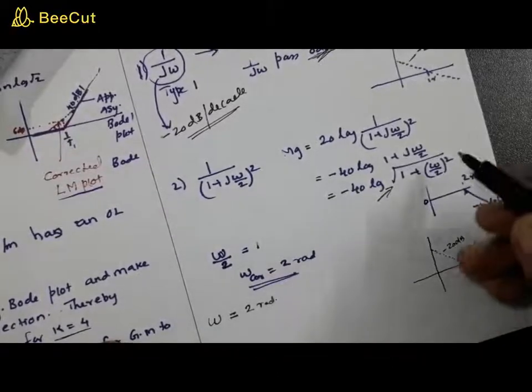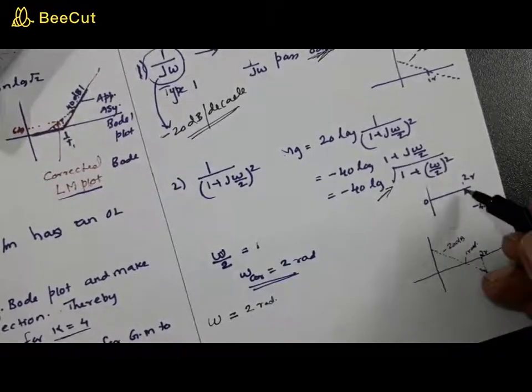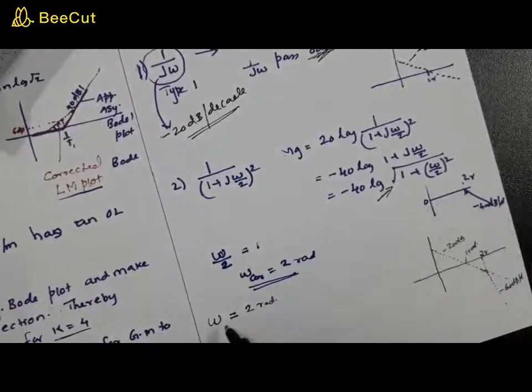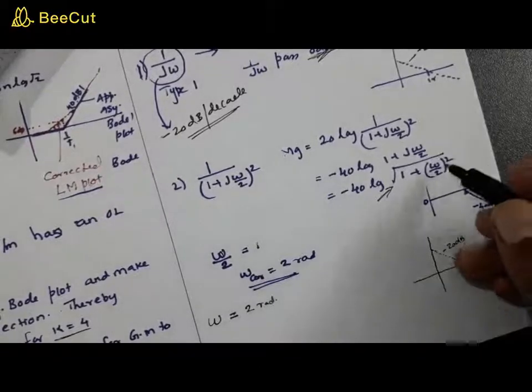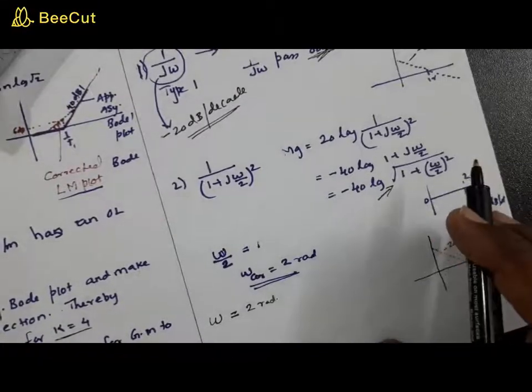We assumed that at 2 radians per second this was 0, but when you put omega equal to 2 radians per second, it is not going to be 0, but it is going to be 6 dB. I have already shown you how it comes.